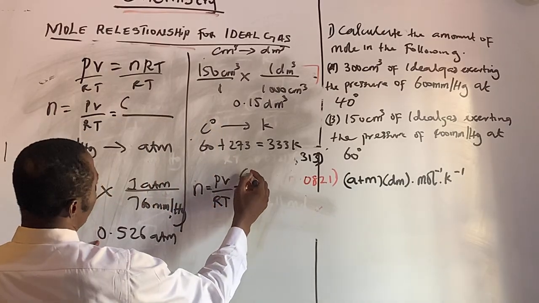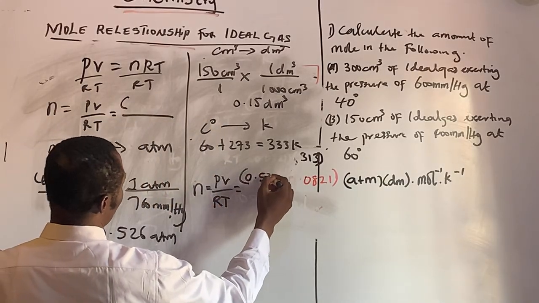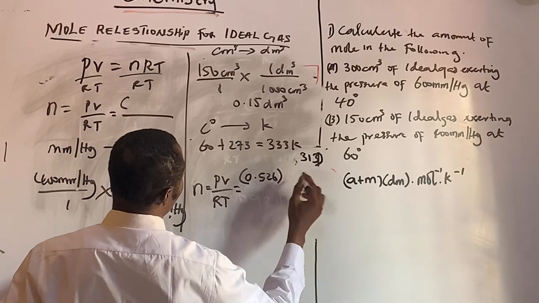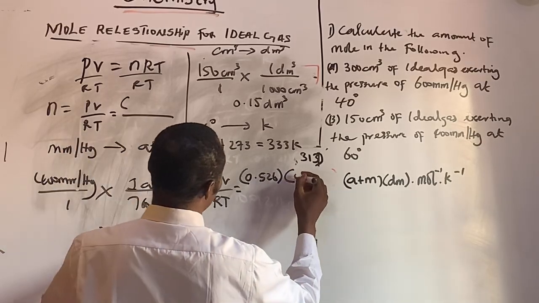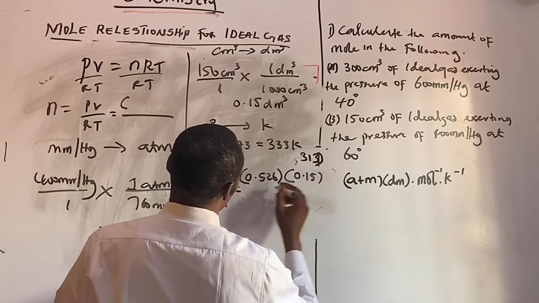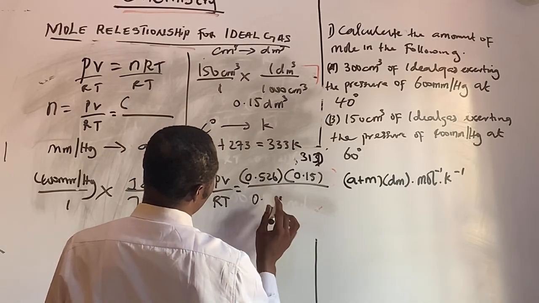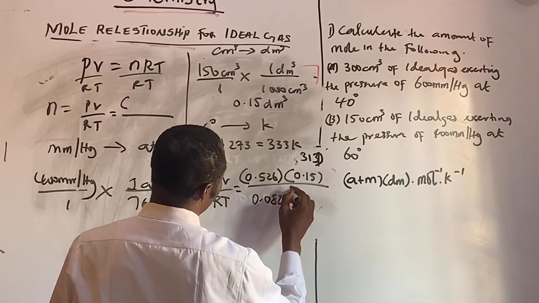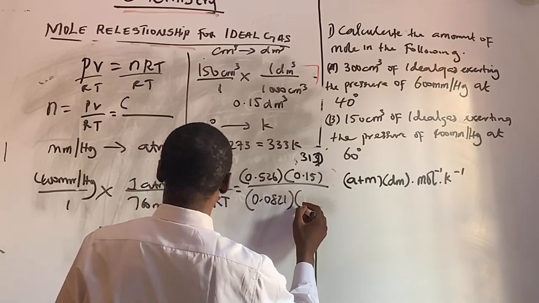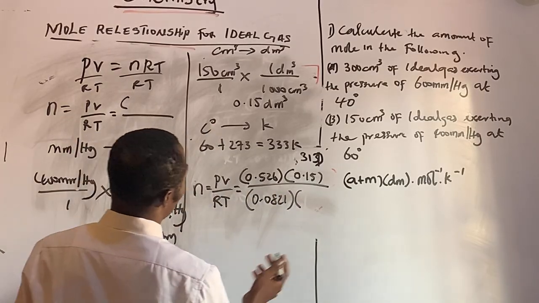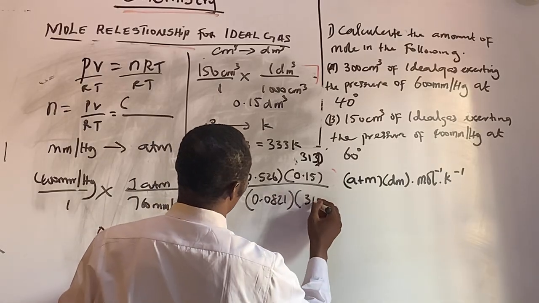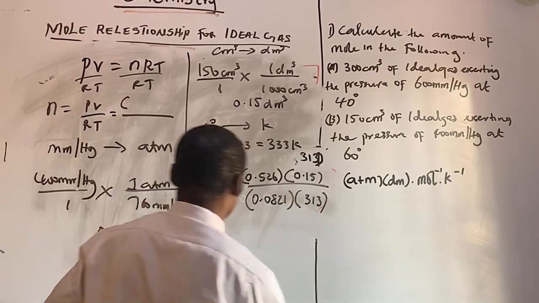Let's note what we have. The pressure is now becoming 0.526, the new pressure. And then the volume is 0.15. And then the constant here is 0.0821. Don't forget that. And then what do we have again? From the formula T, which is 313. All right, let's slot in what we have.